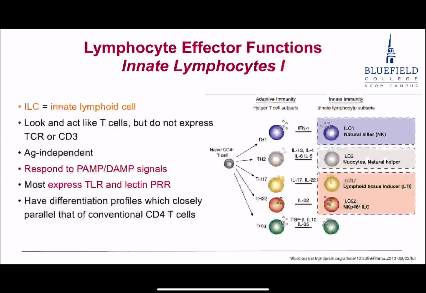However, when they function, they look a lot like a CD4 T helper cell. All right? What triggers their function? Responding to PAMPs and DAMPs through TLRs, and then most of them express a C-type lectin PRR. Right? So those two classes of PRRs.